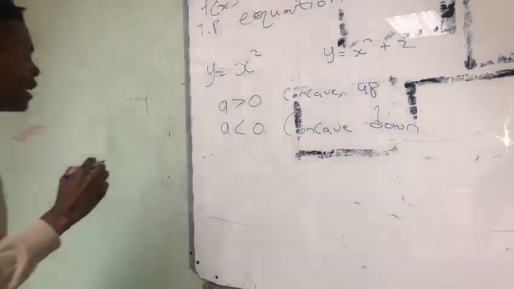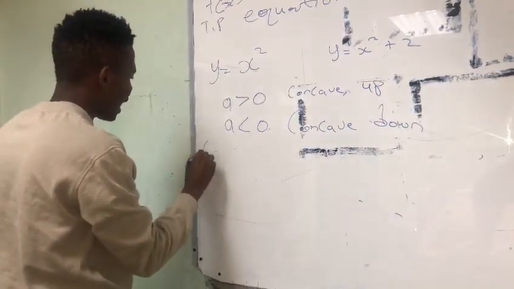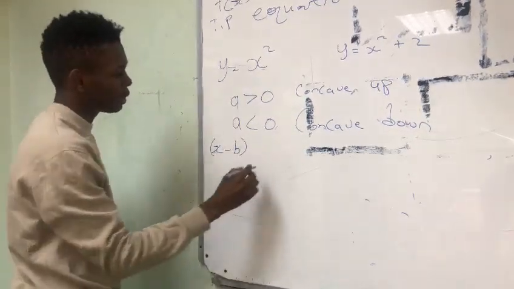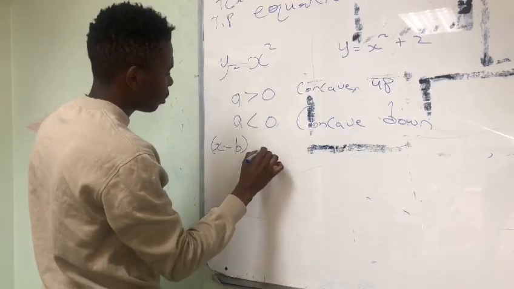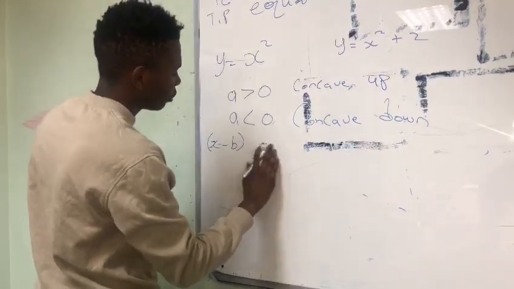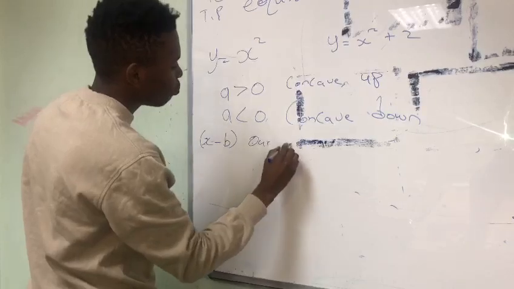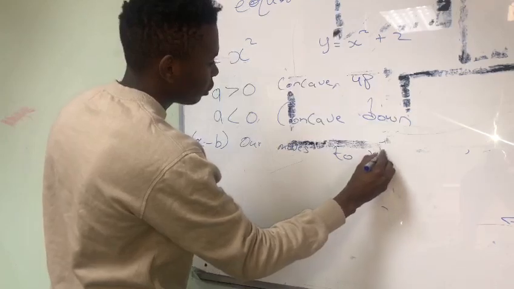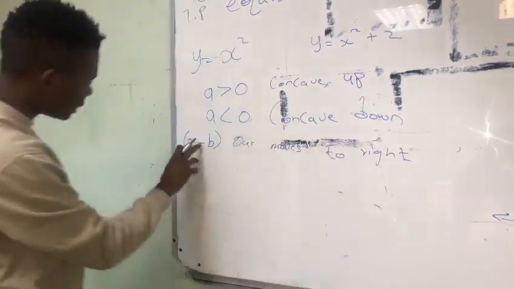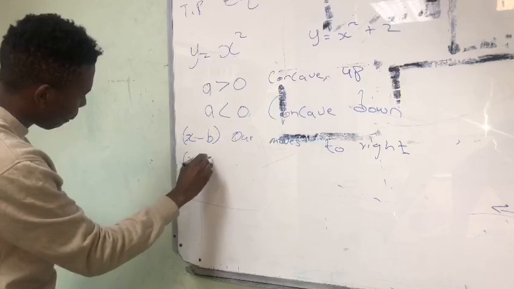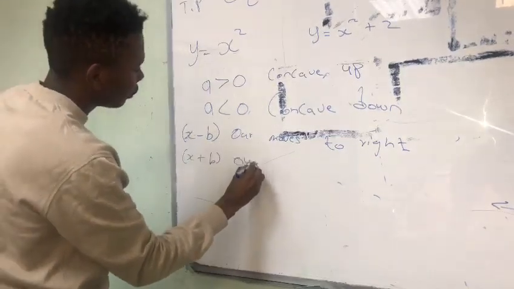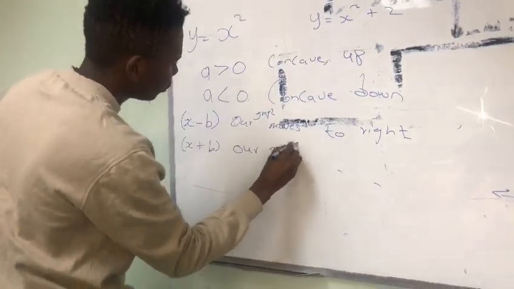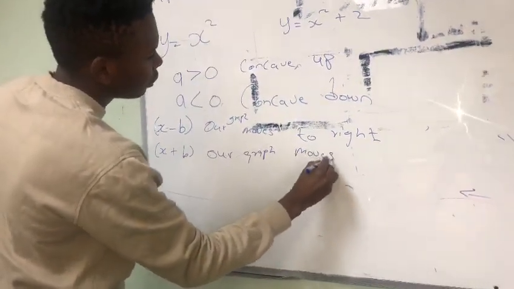Then if our values are x minus b, for the effects of b, our graph moves to the right because of this negative. If it's positive b, our graph moves to the left.